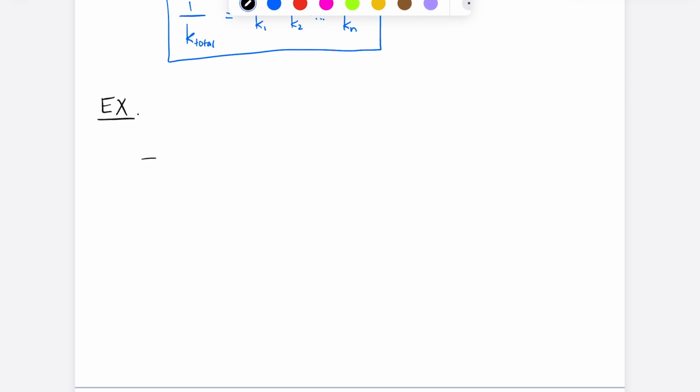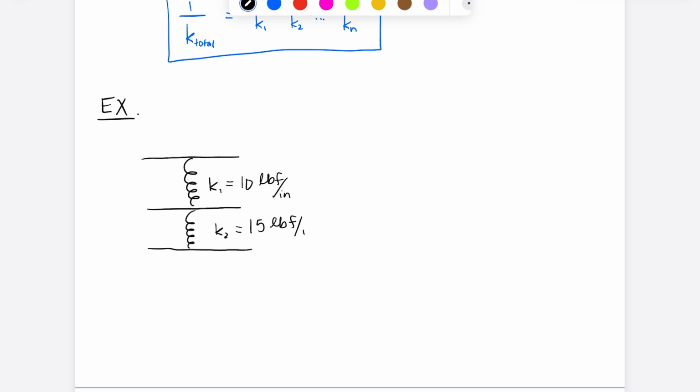So if I have spring 1 that has a spring rate of 10 pounds per inch, and I combine that in series with another spring, K2, that has a stiffness of 15 pounds per inch, and I'm going to apply a force of 50 pounds in compression on either side.